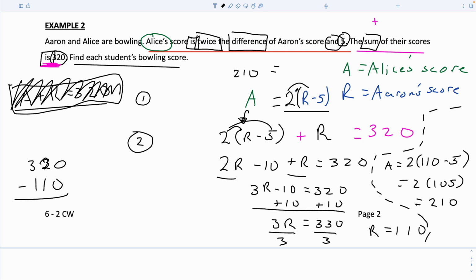Right. I had all that information. So you can do that if they tell you that Alice's score is 110 less than, if you have that information in here, that's fine. And if you can point that out in the word problem, that's okay too.